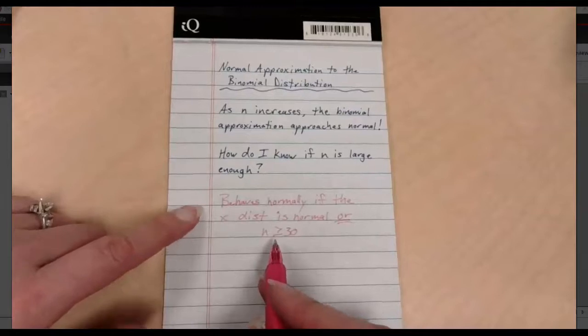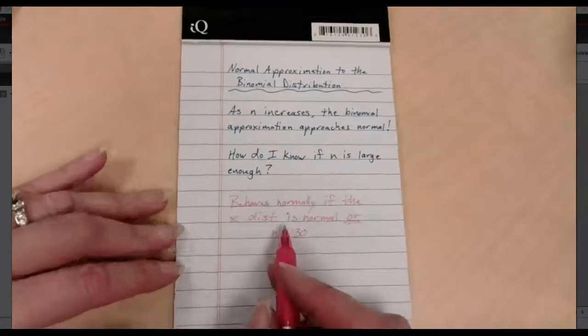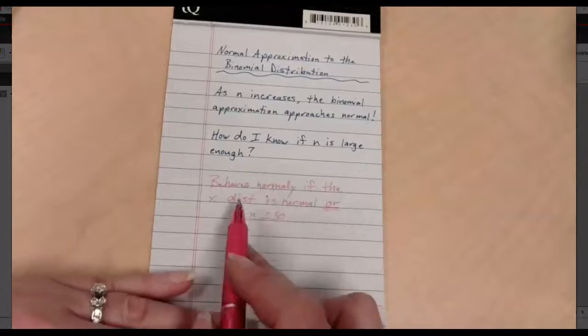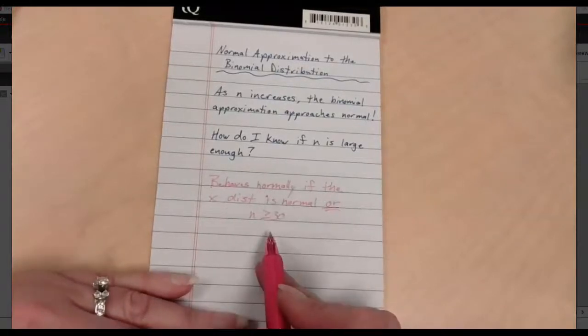So this is under normal circumstances, not binomial. We say that it's going to behave normally if I know that the distribution is normal, or if I have a sample size of 30 or more.